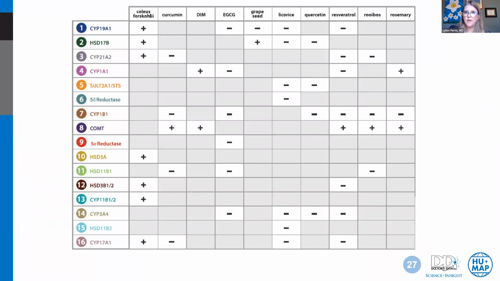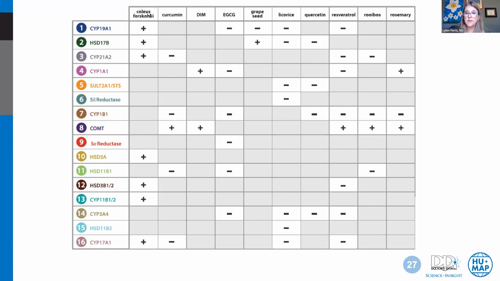This chart, also in the guide, provides a valuable reference for simplifying treatment considerations and understanding the potential effects of common multifunctional treatments on hormone metabolism. Based on research findings, it identifies treatments that have been shown to influence multiple enzymes involved in hormone metabolism, and it can serve as a handy tool to assess the potential benefits and any unintended effects of different treatment strategies.